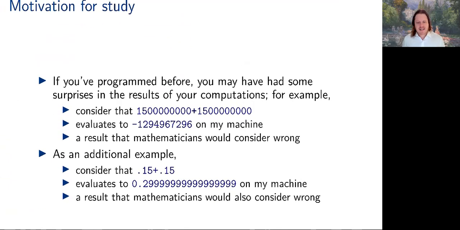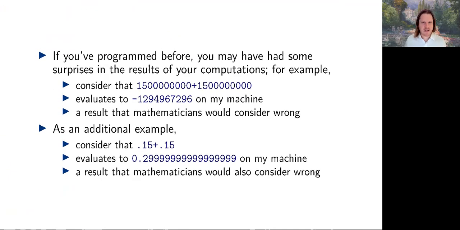Another example that might have confused you, might have intrigued you, would be this one. Consider that 0.15 plus 0.15 evaluates to 0.299 repeating on my machine. Again, this is a result that mathematicians would consider very wrong. So what's going on in this case?